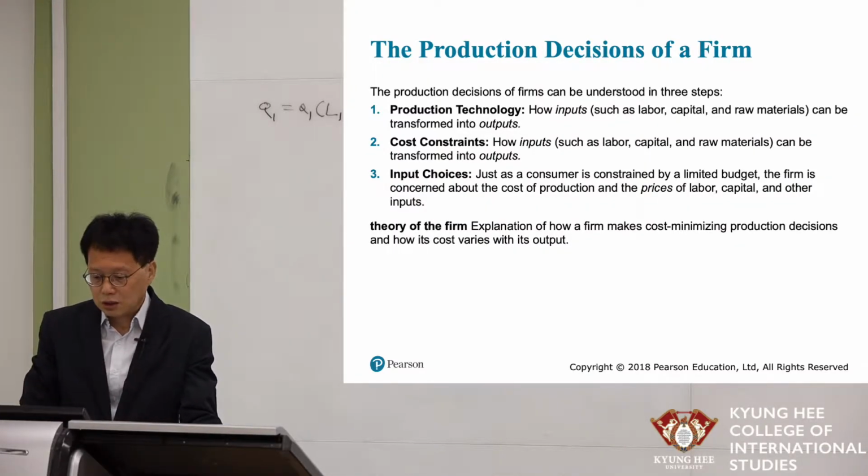Okay? And number 2, cost constraints. Step 3, input choices. Just as a consumer is constrained by a limited budget, the firm is concerned about the cost of production and the price of labor, capital, and other inputs.